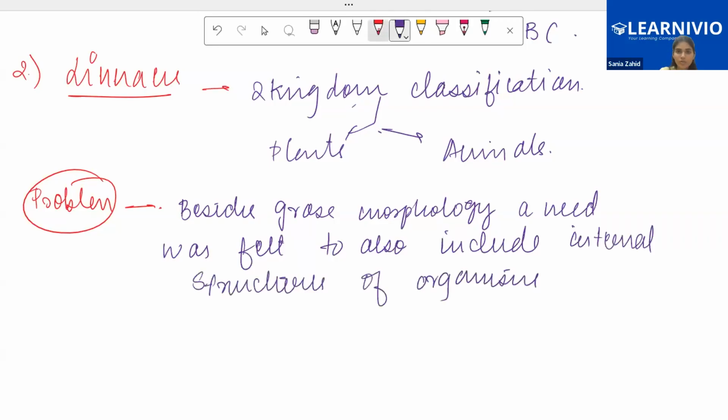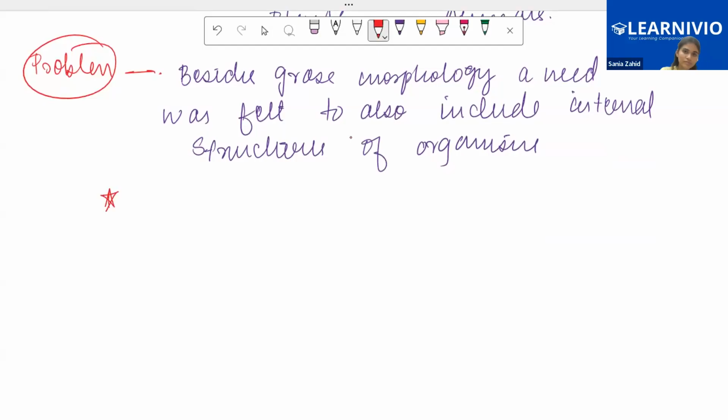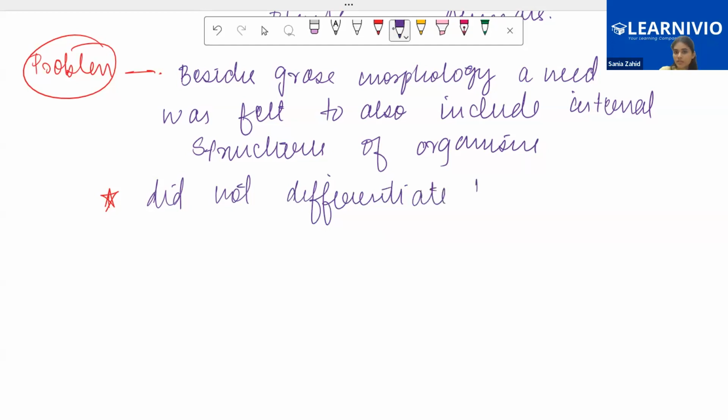And further, what all were not included in the linear system? It did not differentiate between prokaryotes and eukaryotes.